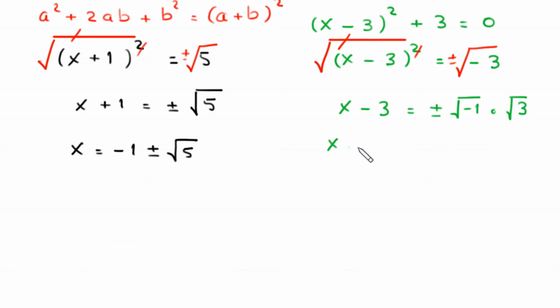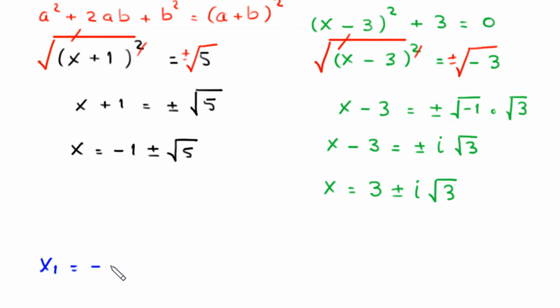Next, root negative 1 will become i, so x minus 3 equal to plus minus i times root 3, and move this negative 3 to the right hand side, this will become x is equal to 3 plus minus i times root 3.